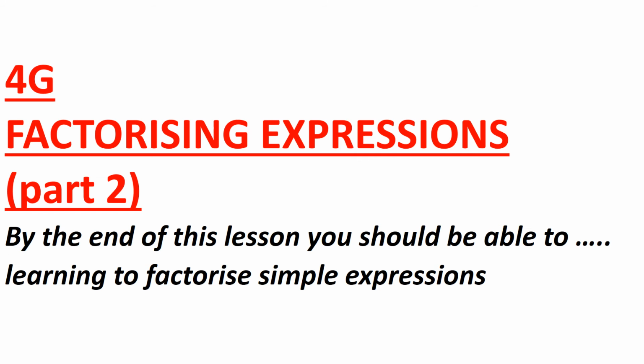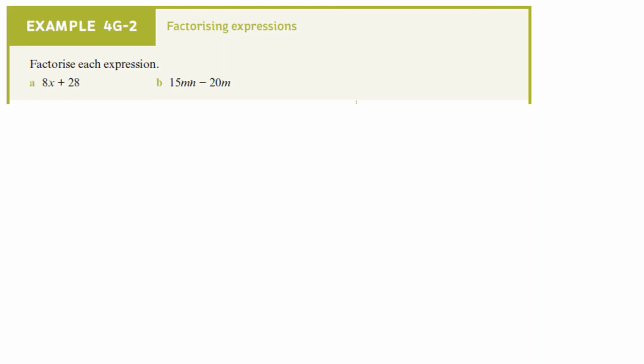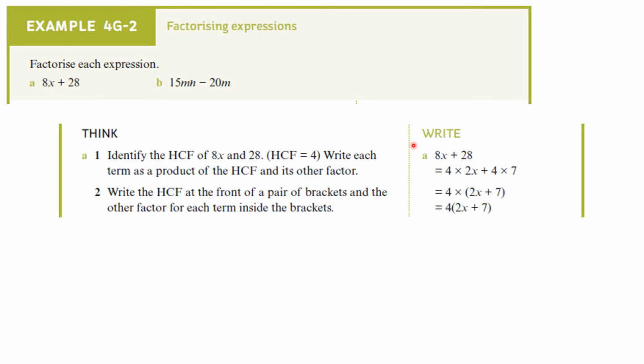Part 2 of this is factorising, using the process that we just did before, finding the highest common factors. We're now going to actually factorise our expressions. So let's have a look at factorising 8x plus 28. 8 and 28, just as the numbers, have a highest common factor of 4.